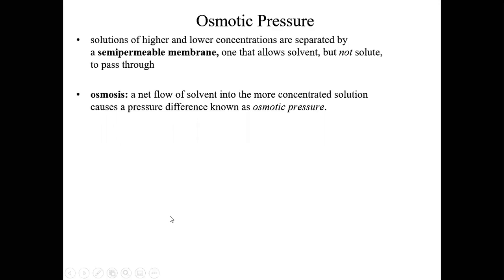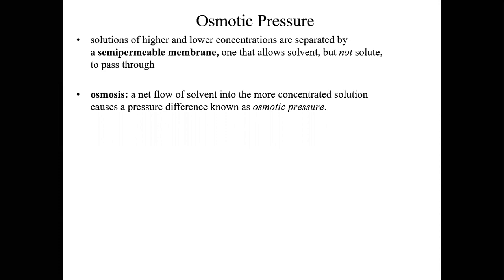So now we're moving on to the last type of colligative property, which is osmotic pressure. And osmotic pressure works by the movement of solvent from a high area of concentration to a low area of concentration. But we're talking about the solvent, not the solute, and it passes through this semi-permeable membrane.